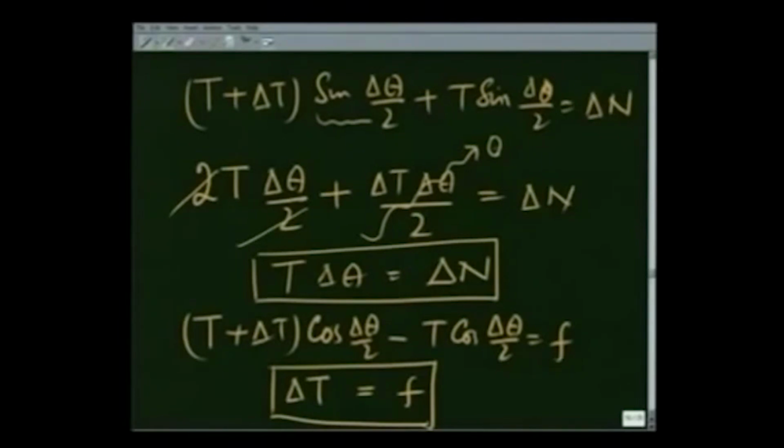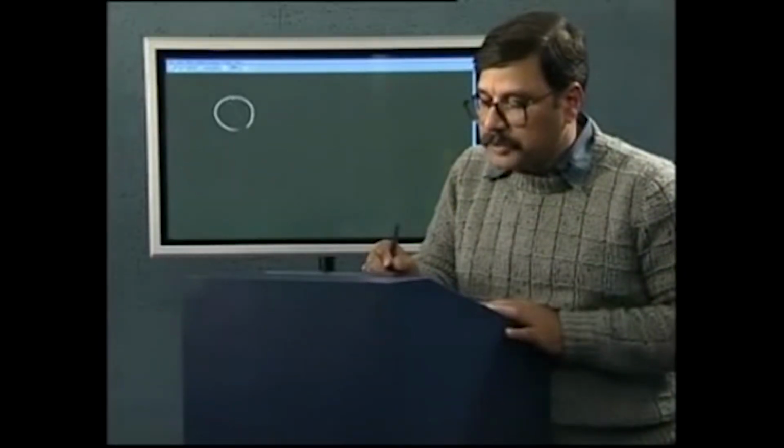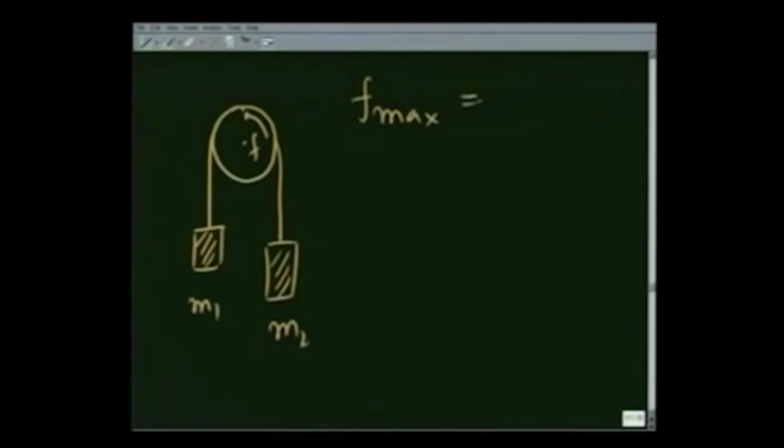Let us now take the extreme case of when mass m2 just balances mass m1. This is the friction, so that in that case friction is going to be maximum, and that is going to be equal to mu delta n on that small piece.